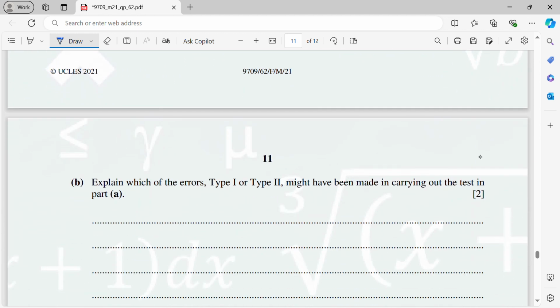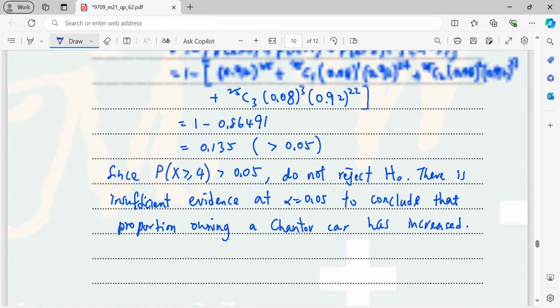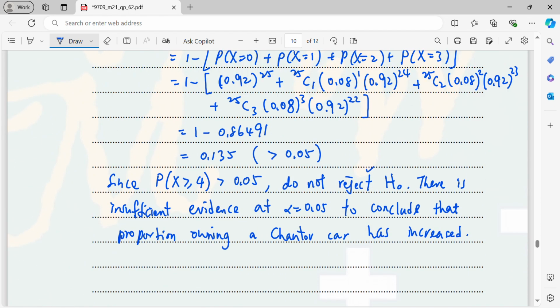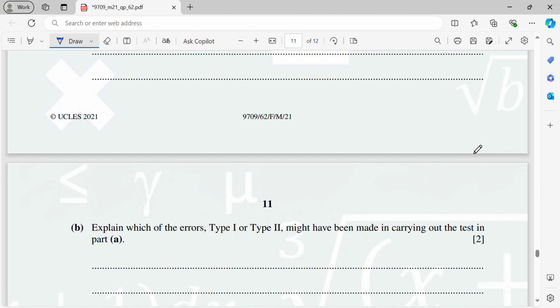Now B. Explain which of the errors, type 1 or type 2, might have been made in carrying out the test in part A. So now, in part A, we do not reject H naught.